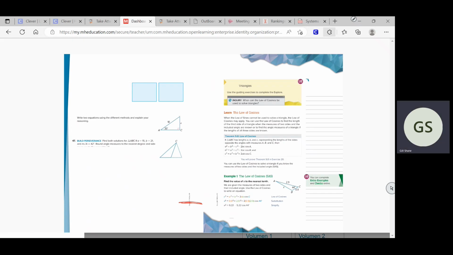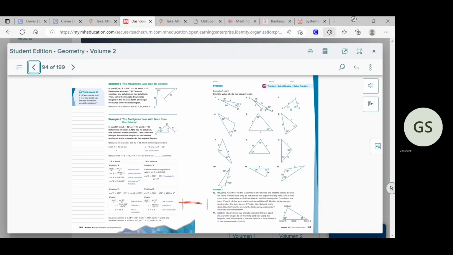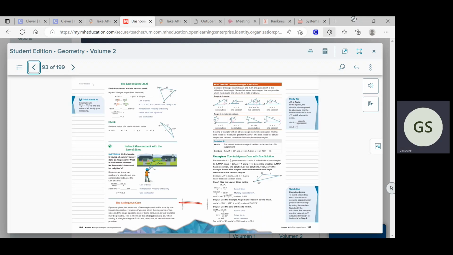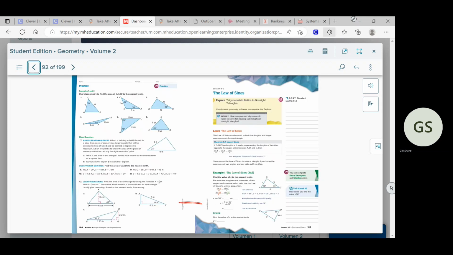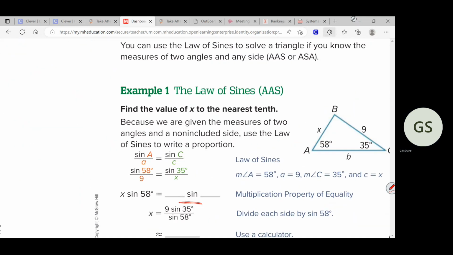If you go back to the law of sines, on the very first page, it tells you when you know this. So if you just want to memorize that and say, okay, when I know this, I can do the law of sines. If I know this other thing, I can do the law of cosines, that's fine. Ultimately, if you just know how to use them, then you'll know whether or not you have enough information to use them.